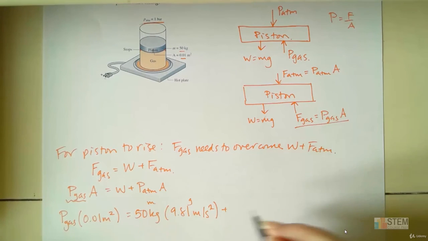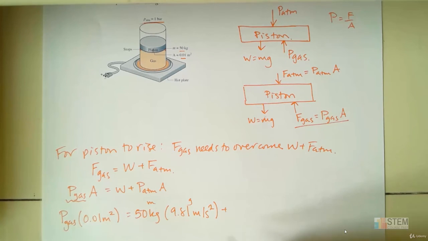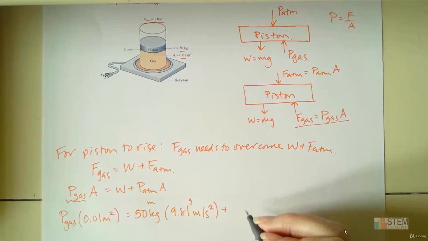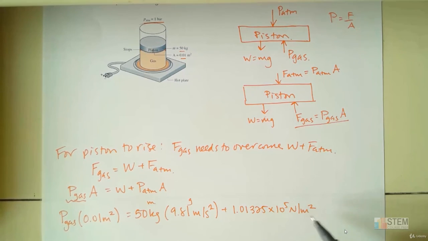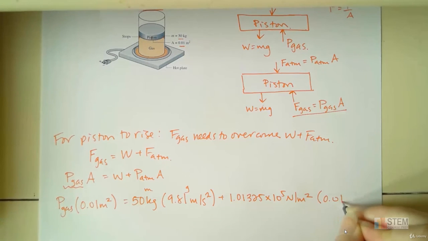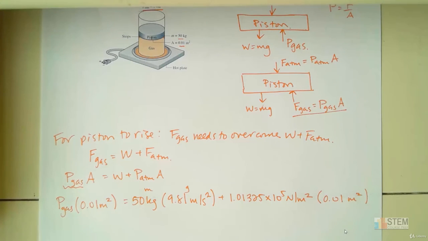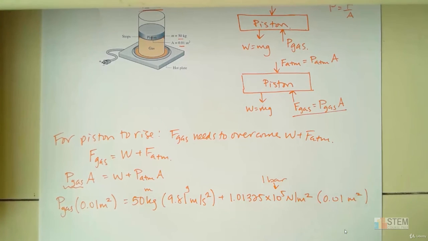And then our atmospheric pressure, which it told us was 1 bar. We don't want units of bar in here because we've got meters, so let's switch that over and use 1.01325 times 10 to the 5th Newton per square meter. This was in that list of pressure values we talked about in the earlier video. And now let's multiply by the area, so 0.01 meters squared.